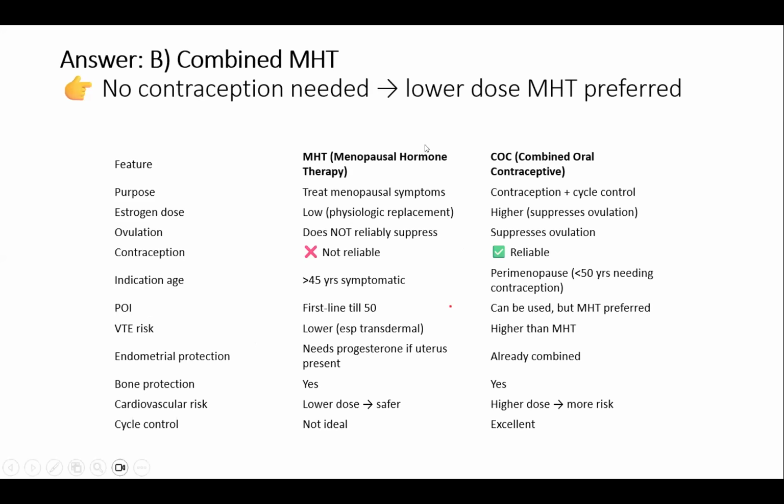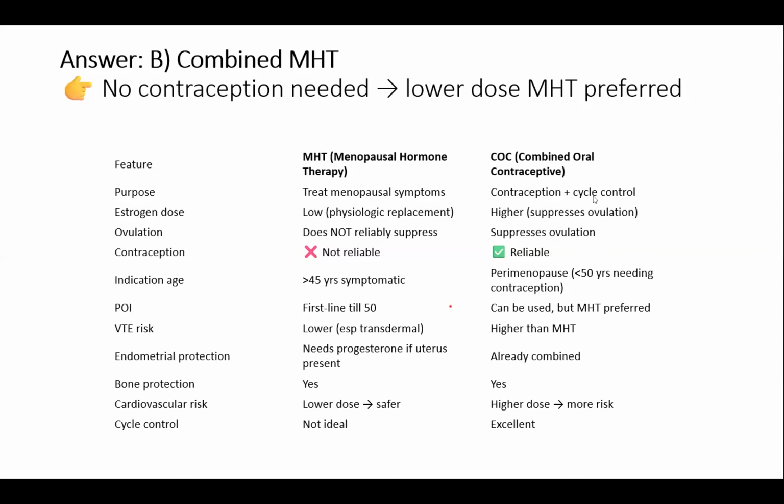Menopausal hormone therapy is to treat menopausal symptoms like hot flushes, night sweats, vaginal dryness and all. The estrogen dose in MHT is very low. It just has the dose which will physiologically replace the estrogen and relieve menopausal symptoms.